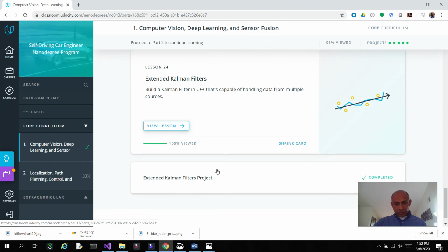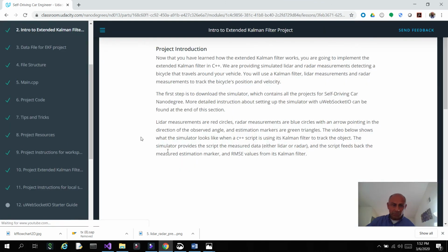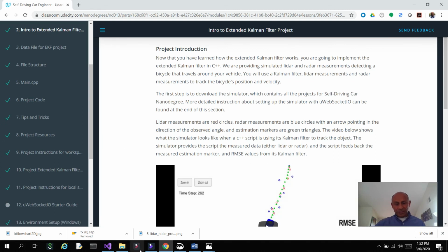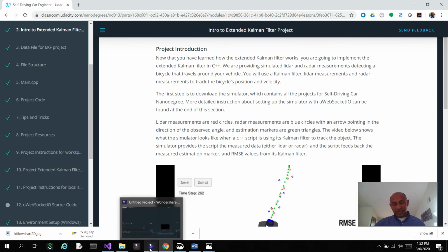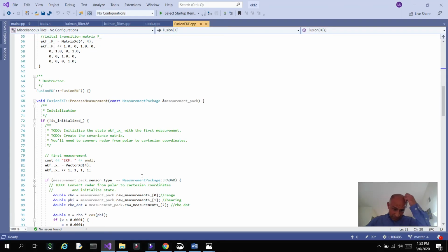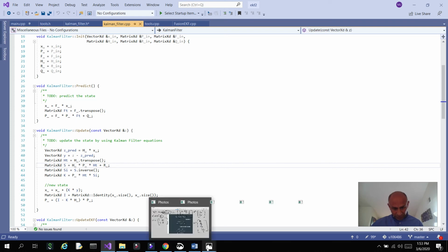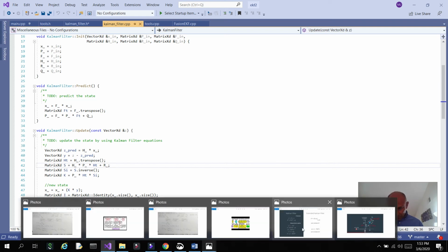We are going to talk a little bit about what the project required us to do. The project required us to program this in C++, and we needed to write the equations in this kalman_filter.cpp file for the equations that we just saw.